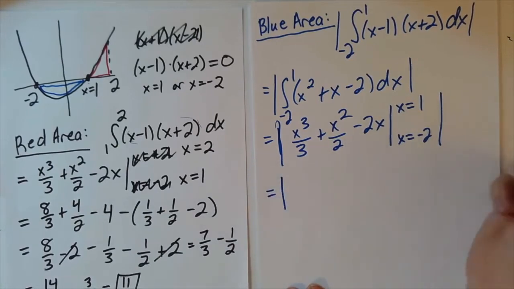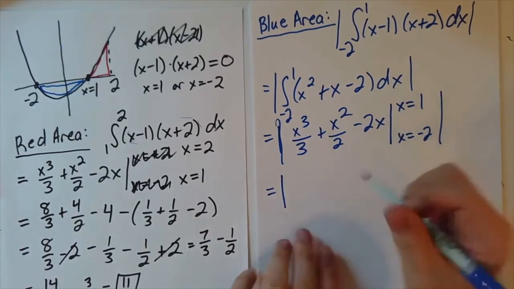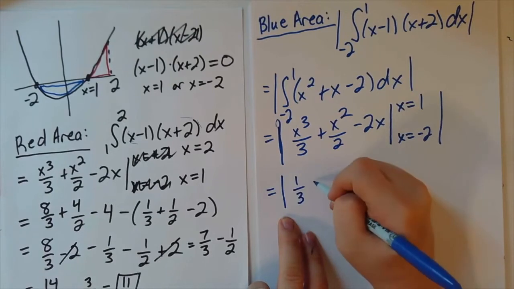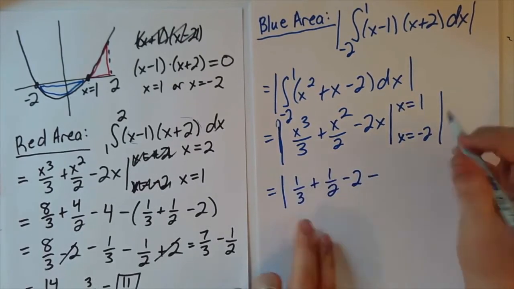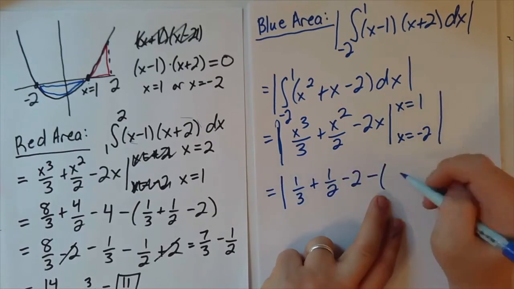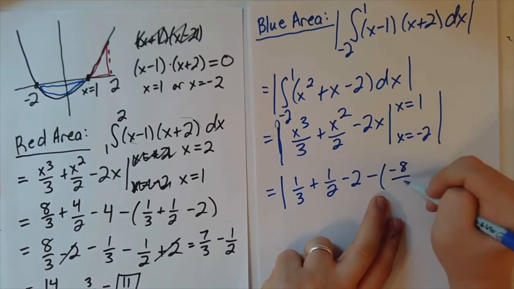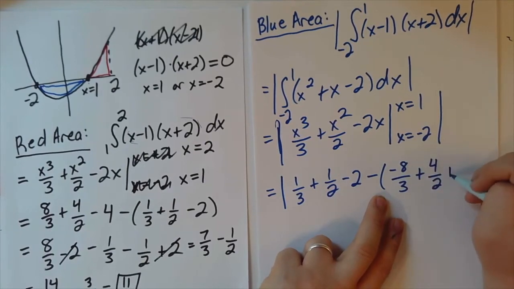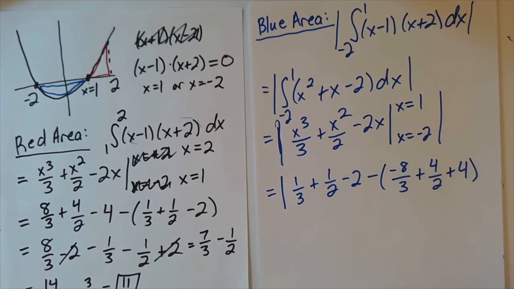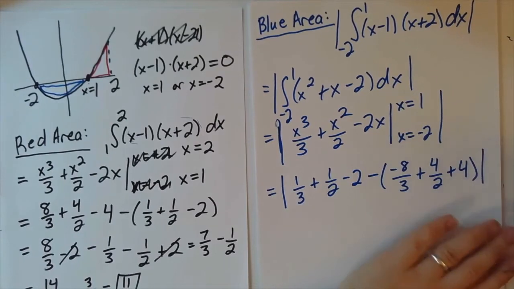Okay. So this is the absolute value of, and so 1/3 plus 1/2 minus 2, minus 8 over 3 plus 4 over 2 plus 4. Okay.